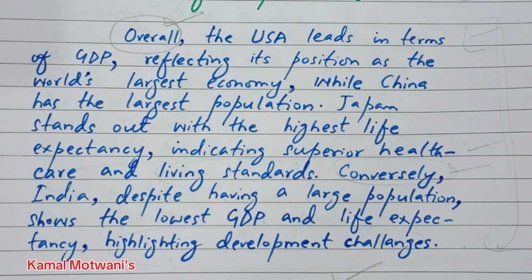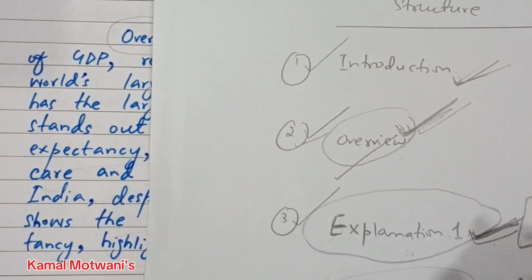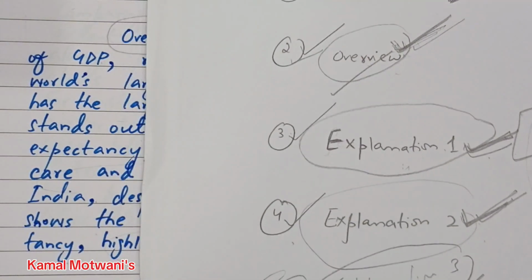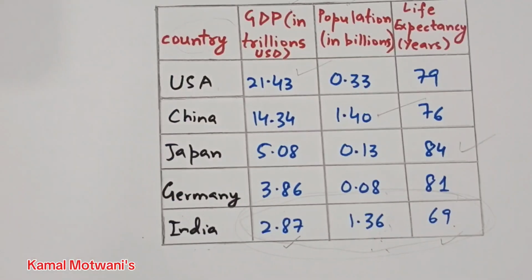Let's move ahead. Now, what we have to do is, after writing the introduction and overview, we have to explain the variables of the table. Now it depends on us whether we define the variables of the vertical row or the horizontal row. Let me explain it to you through the table. Here is the table.